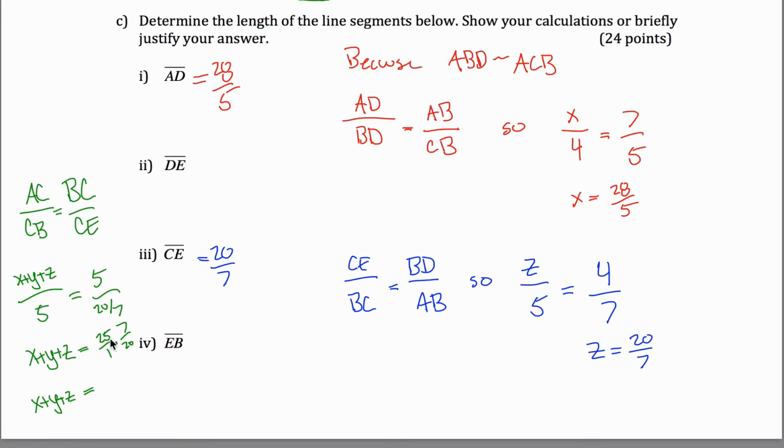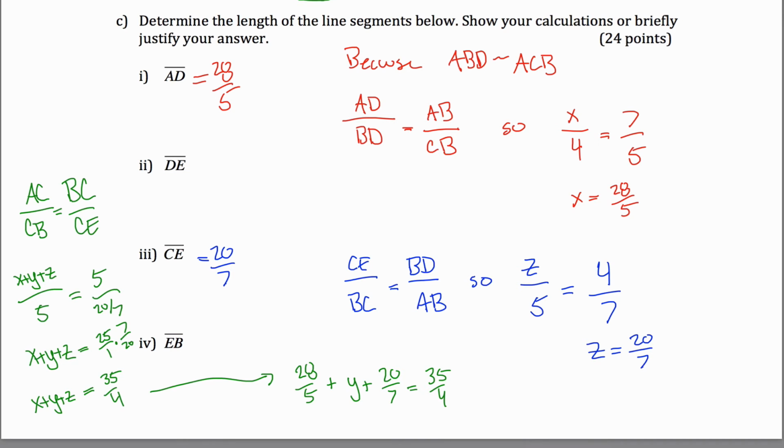I'm going to reduce this, call this 5/4, and 5 times 7 is 35 over 4. But that's not my answer. That's x plus y plus z, and so I already figured out that x was 28/5, and I want to figure out what y is, and z I know is 20/7. And that's got to be equal to 35/4.